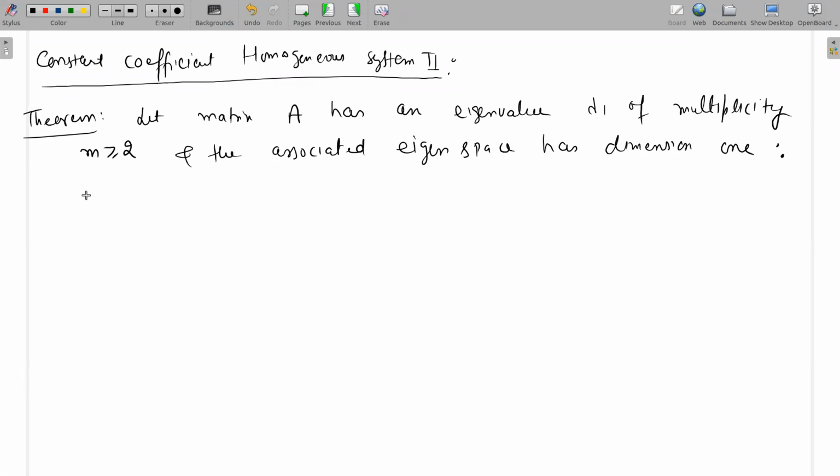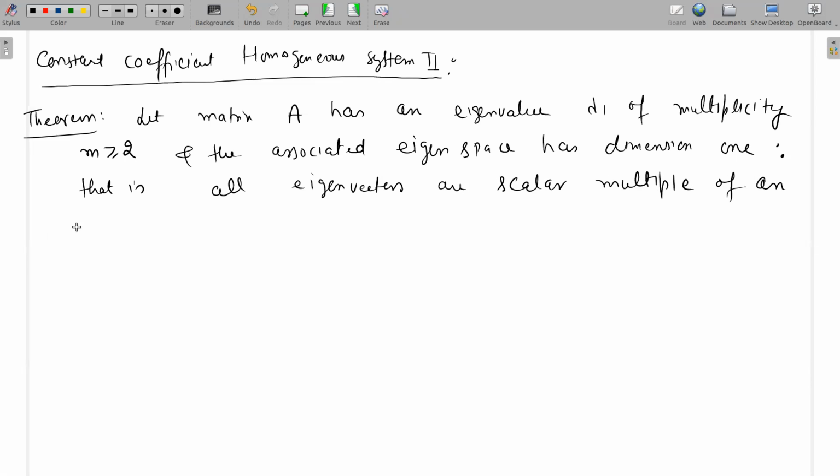This means that all eigenvectors are scalar multiples of an eigenvector v1. यानी कि आपको एक ही आइगन वेक्टर मिला, बाकी you won't get any linearly independent, so they all are multiples of v1.